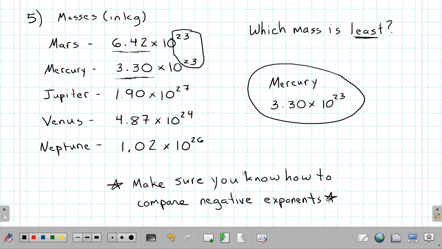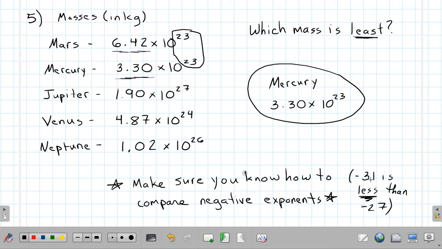One of the most common issues I saw was in the negative exponents. Well, I'm just going to put over here, negative 31 is less than negative 27. And if you go back and look at the homework questions, or if you look at the practice questions, you'll get what I'm saying here.